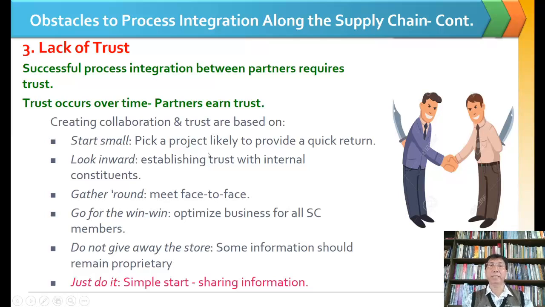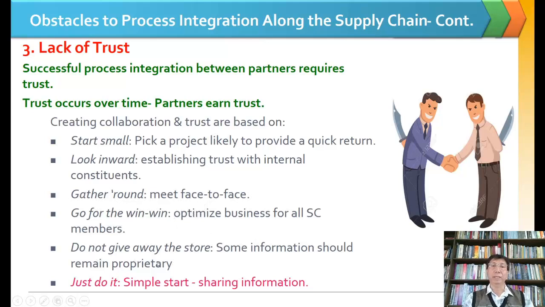Pick a project likely to provide a quick return, and also we can look inward, establishing trust with the internal constituents, and firms can gather around, meet face to face, and go for the win-win, optimizing business for all supply chain members.